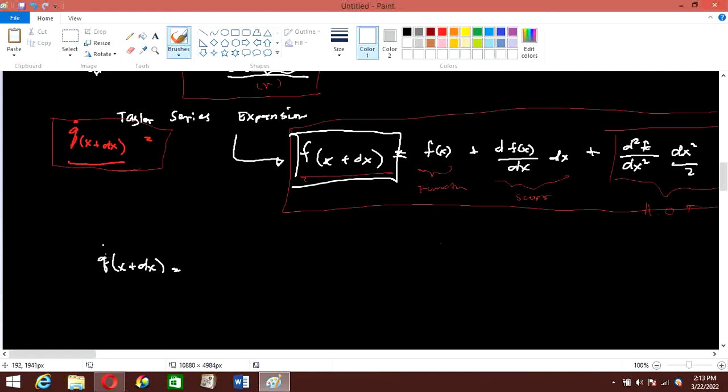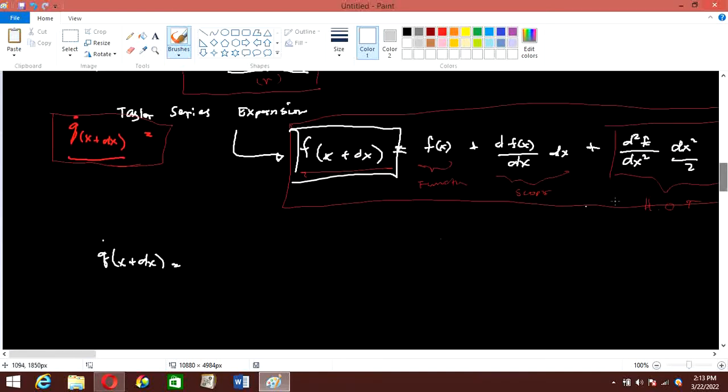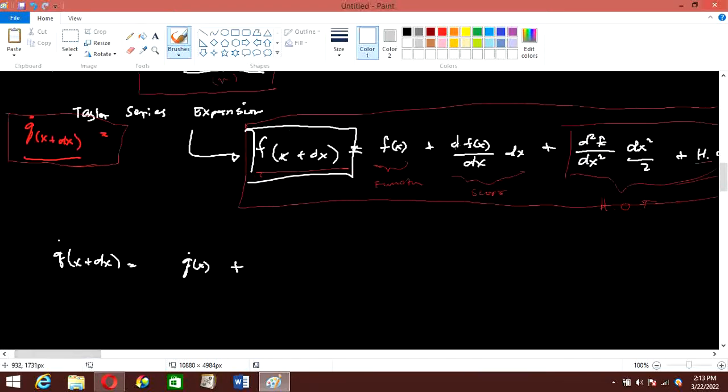So the function of qx, we have qx, and then plus the derivative of the qx dx, right?